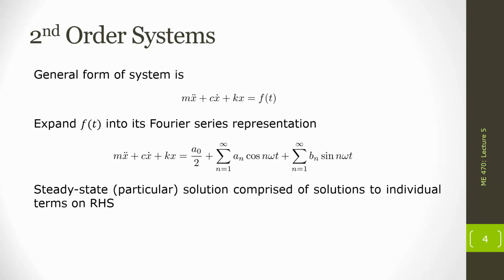So one at a time, we can find particular solutions to every piece on the right-hand side, put it into the left-hand side to get a piece of our particular solution, and then we can add them all up to get the entire particular solution. Once we have the particular solution, then we can combine that with the homogeneous solution, which we've already seen in the previous sections for the left-hand side, apply our initial conditions, and get our total solution for x of t.